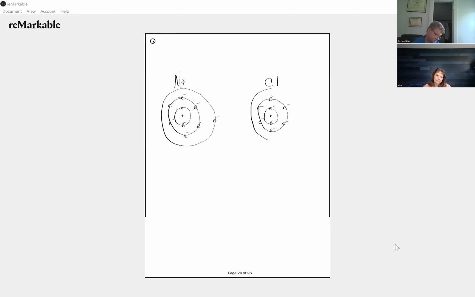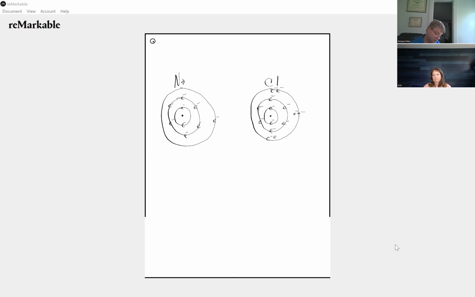Yeah. Should sound familiar, but not quite right, right? Because it's sodium chloride. What is sodium chloride? Sodium chloride is table salt.